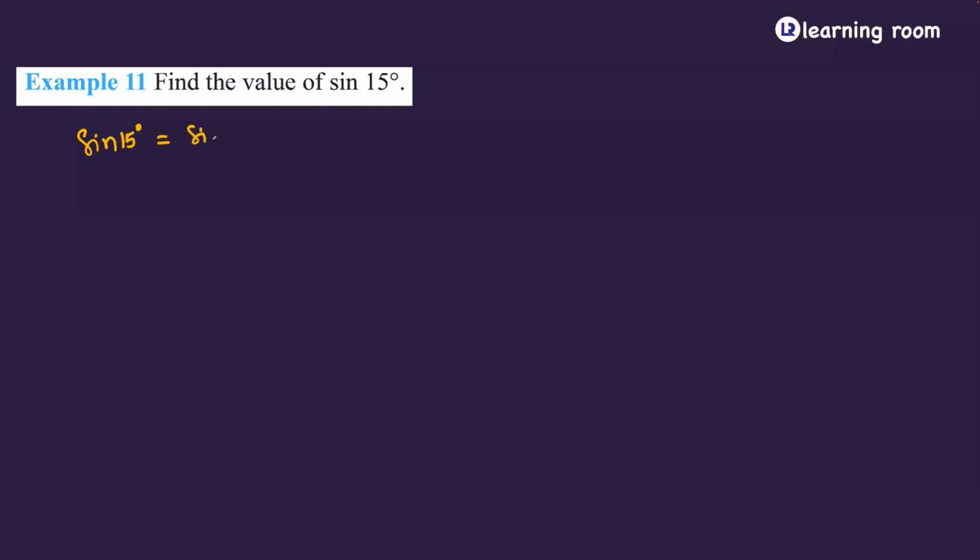You will write this as sine of 45 minus 30. So you will write the difference of both known angles. So this is going to be sine 45 cos 30 minus cos 45 sine 30.